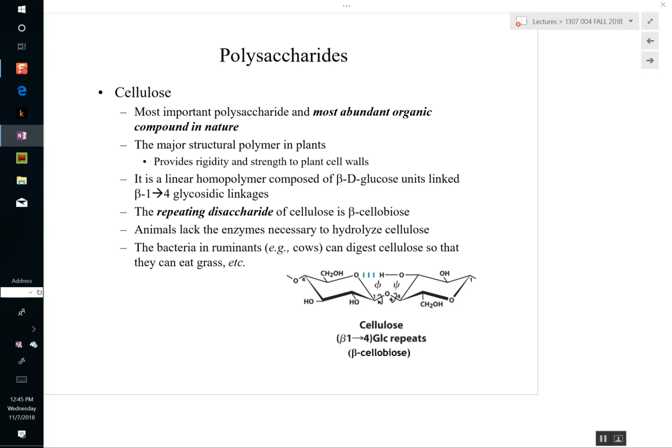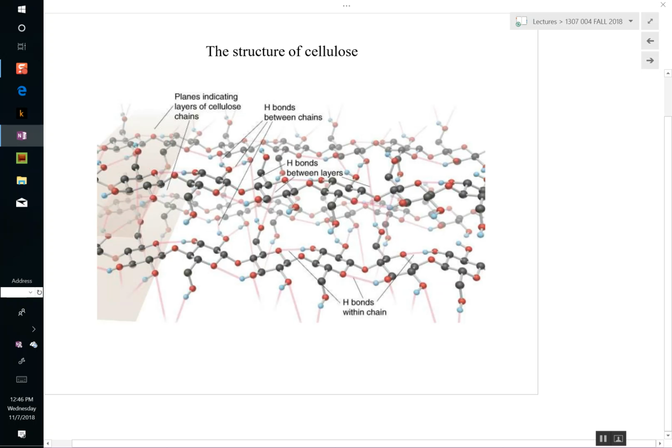Cows, this is what cows are chewing on. They have so many different stomachs that they can digest it. They have certain bacteria in some of those stomachs that can break cellulose down, and so they can live off of this, but we can't. Cellulose is highly cross-linked.